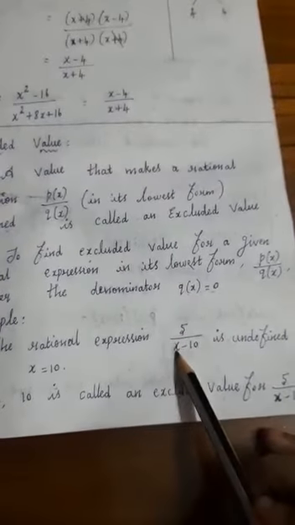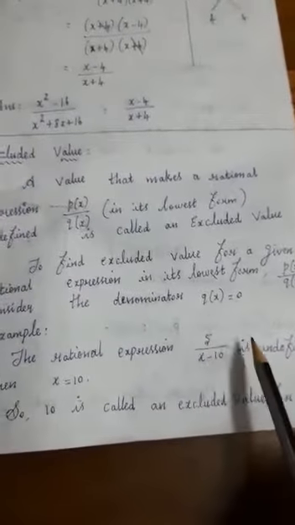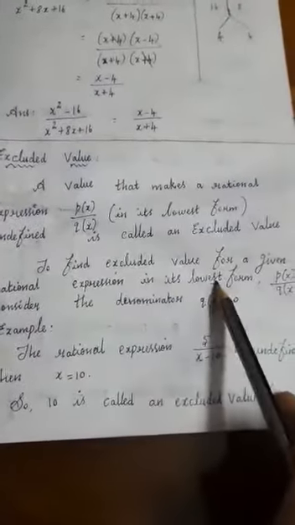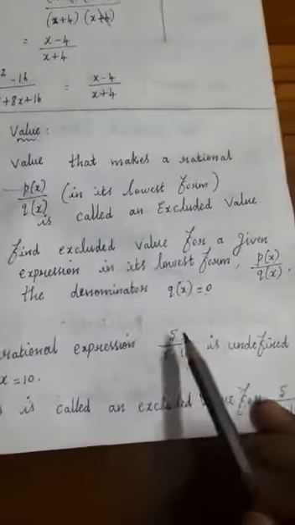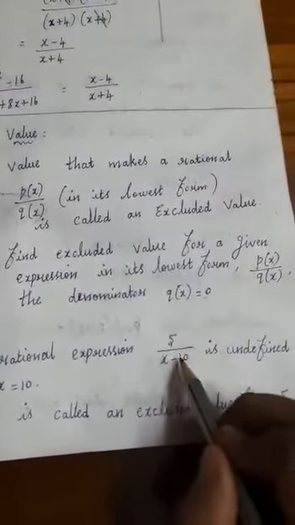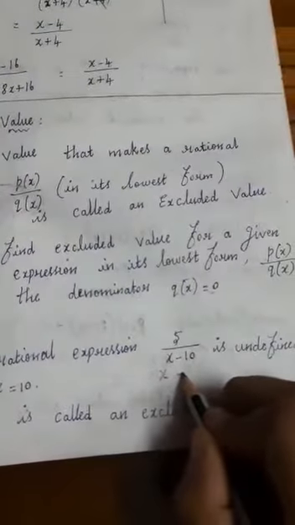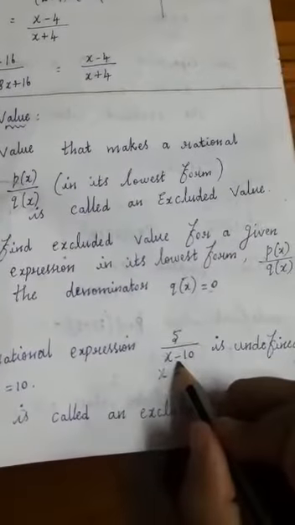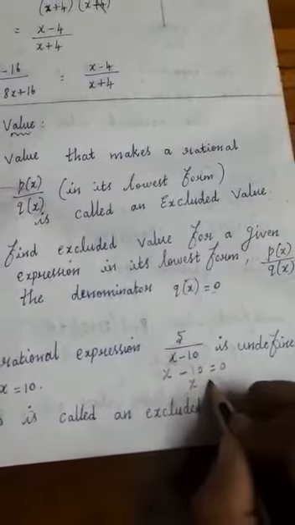So the value that makes the denominator 0 when substituted is called an excluded value. To find the excluded value for a given rational expression in its lowest form p of x divided by q of x, consider the denominator q of x equal to 0. Here p of x is the numerator and q of x is the denominator. Setting q of x as 0, you get x minus 10 equal to 0, so x is equal to 10.